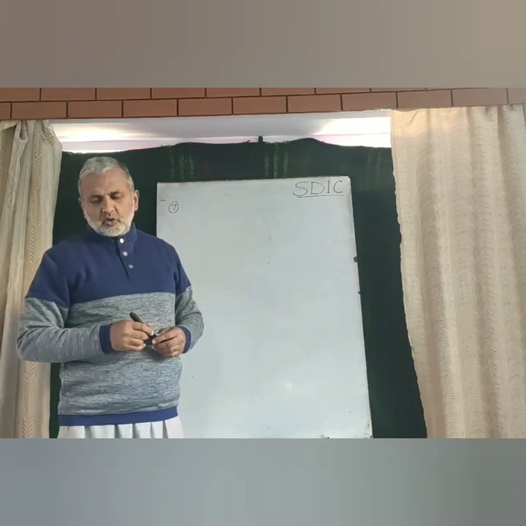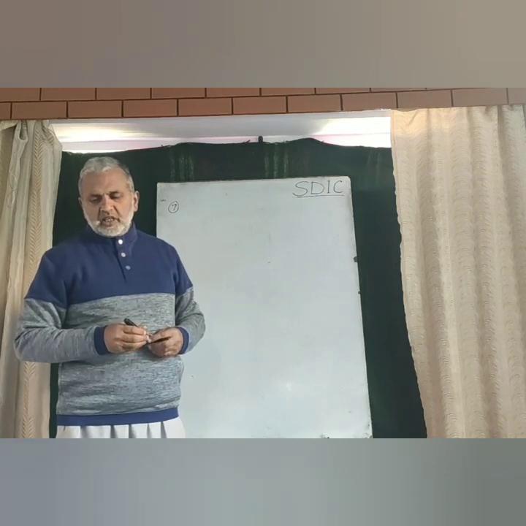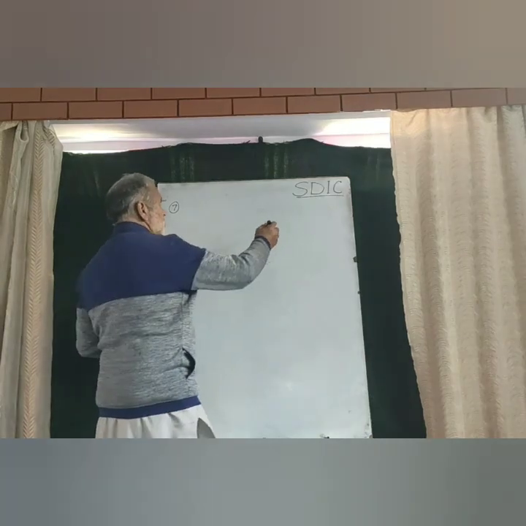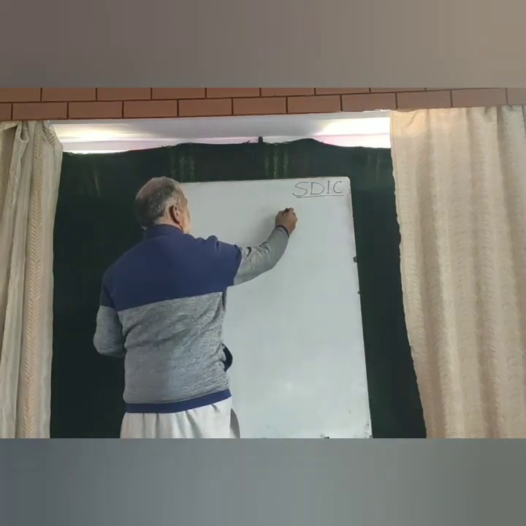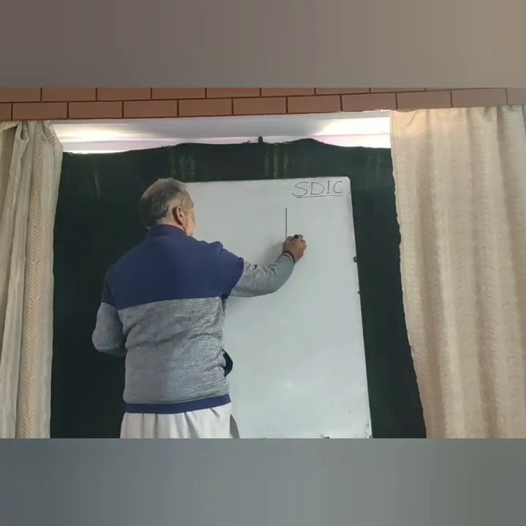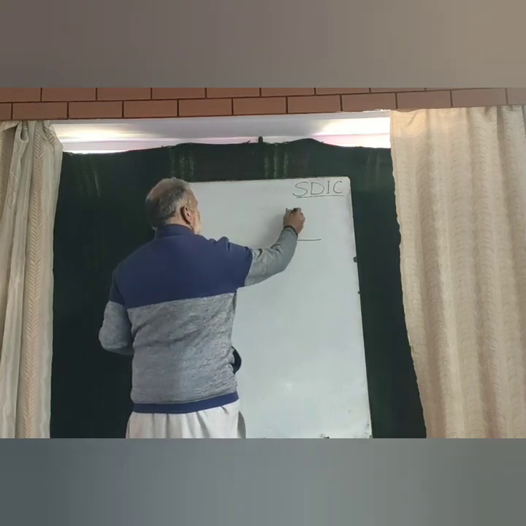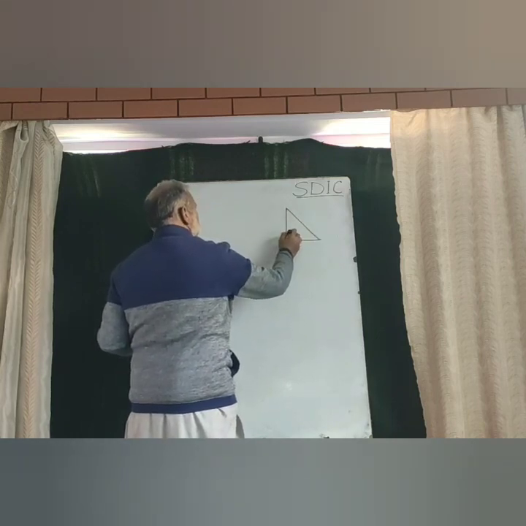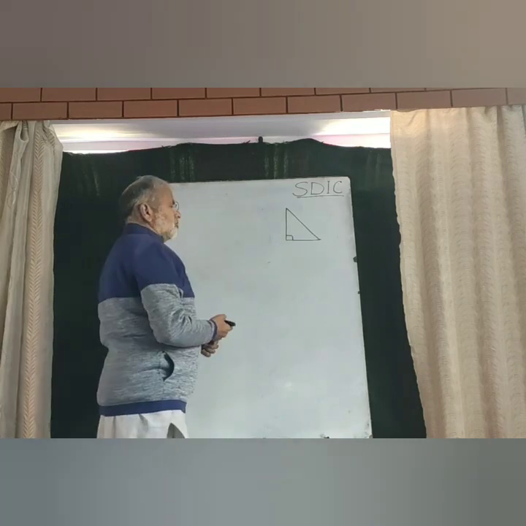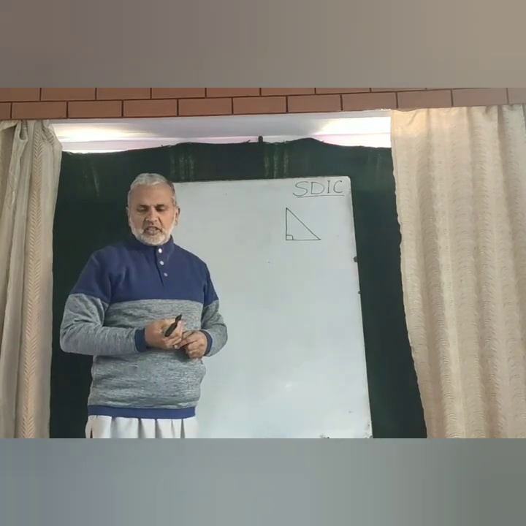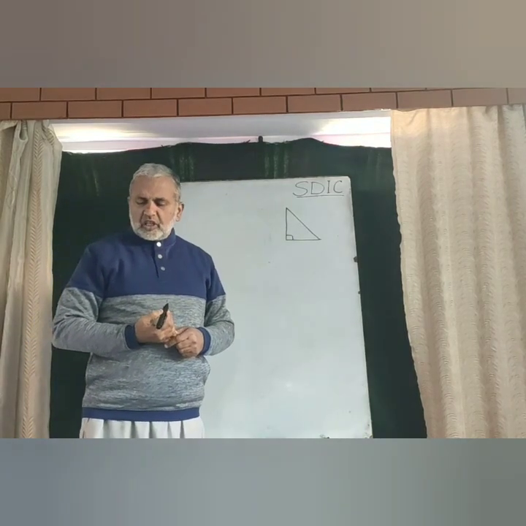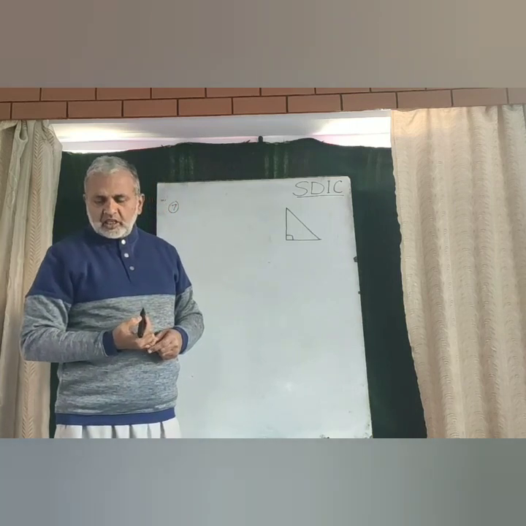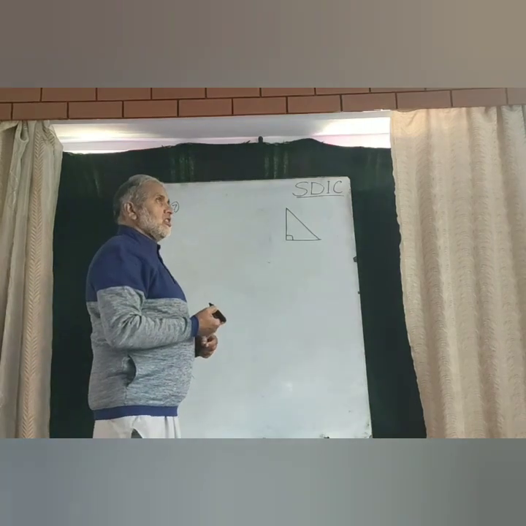First thing that is given to us is that ABC is a right angled triangle in which angle A is equal to 90 degrees. So what will you draw? A right angled triangle. A triangle which has one angle equal to 90 degrees is called a right angled triangle. This is the right angled triangle. It has angle A equal to 90 degrees.